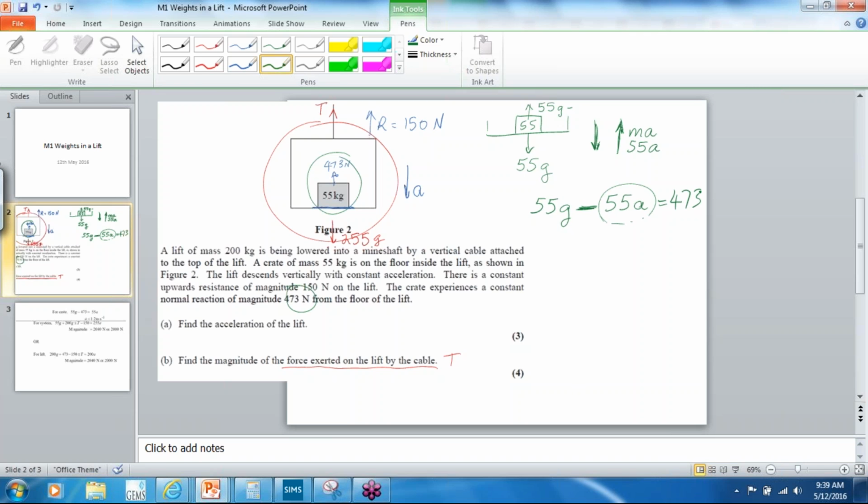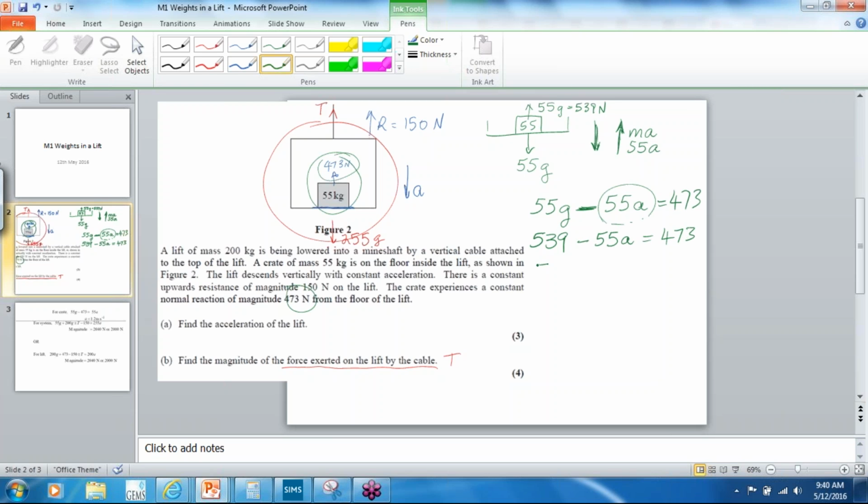Now before with the unaccelerated lift, just 55 times 9.8, that's 539, you see. Now, if the lift wasn't moving, the normal would be 539 newtons. But it's 473 because the lift is moving down, so it lightens it by that difference. And that difference is the 55A.